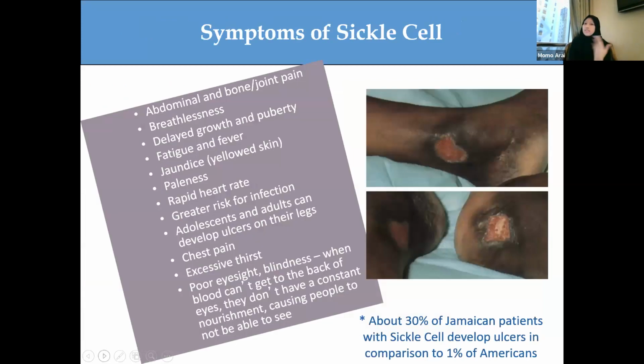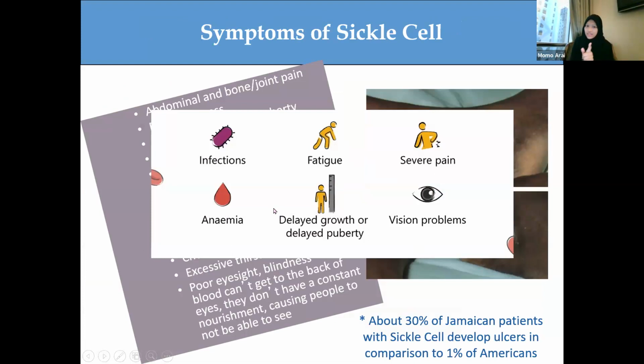So this is what the slide is, but basically you're not supposed to memorize all of these symptoms. There's a summary here. If you see any combination of these symptoms like anemia, recurrent infections, vision problems and pain, like bone pain, and they're feeling weak, that's when you know it's sickle cell anemia.